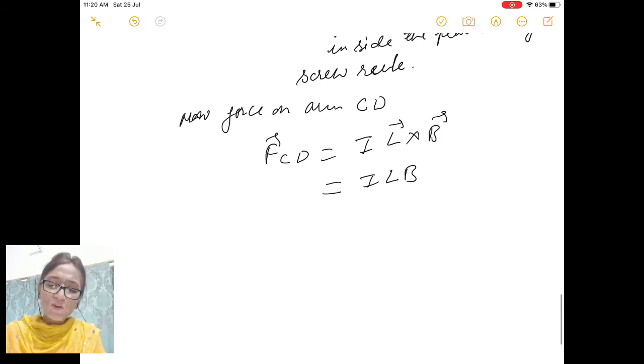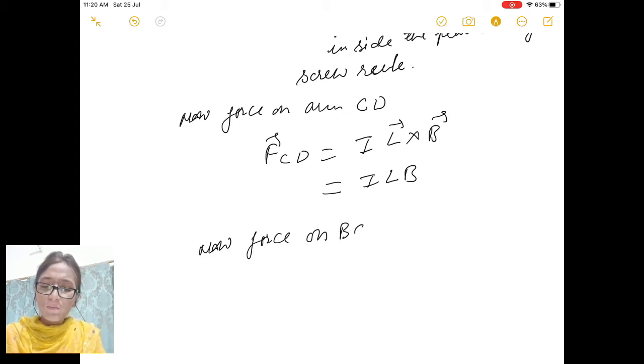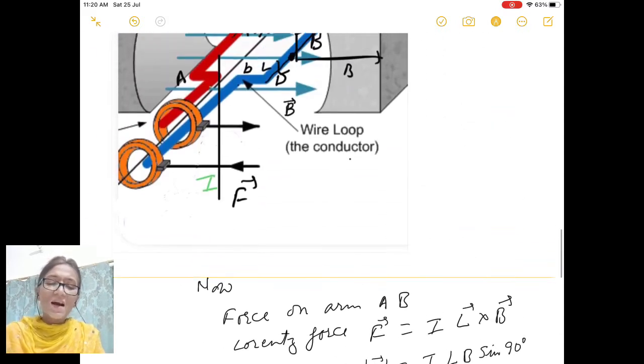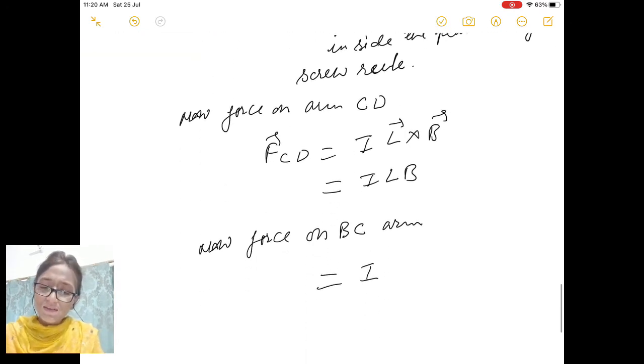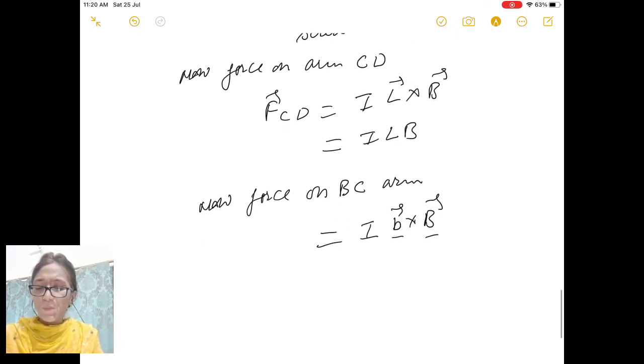So the force on the BC arm is equal to I, now the length has changed, to l cross magnetic field, and both l and the magnetic field B are in the same direction.